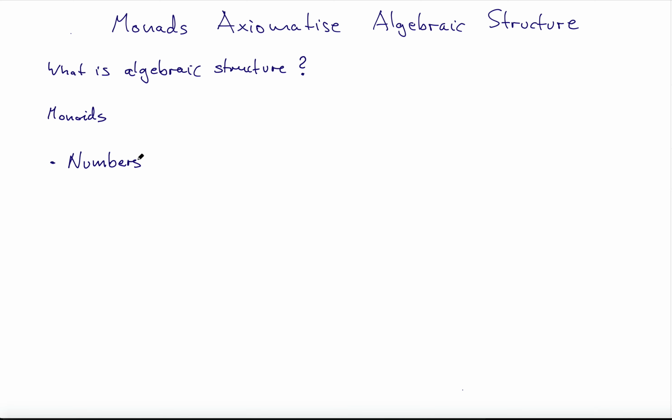So input-output, for example, or propagating of error messages, or changing of state, or non-determinism, or probabilistic effects can also all be seen as algebraic structure.